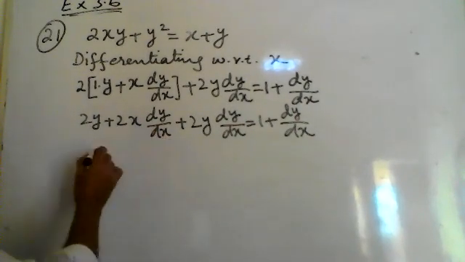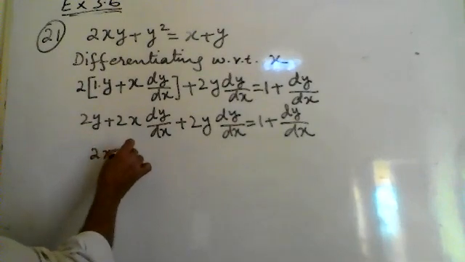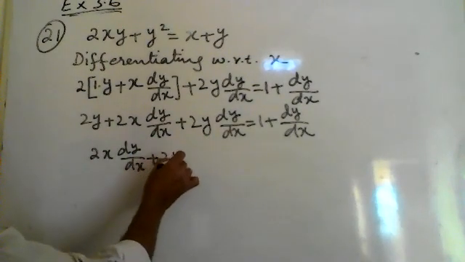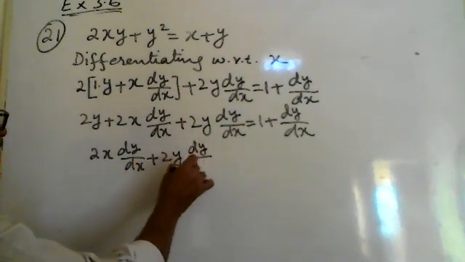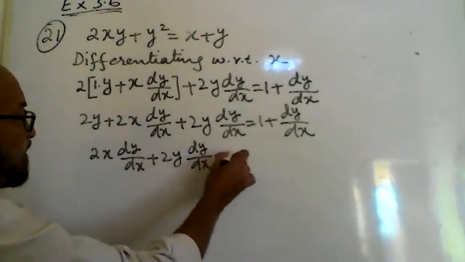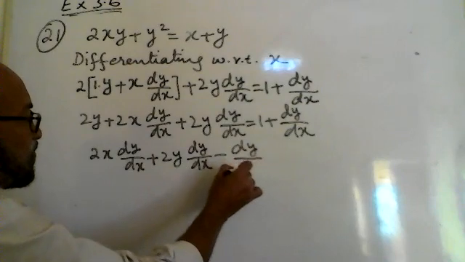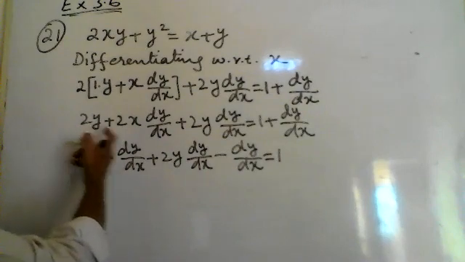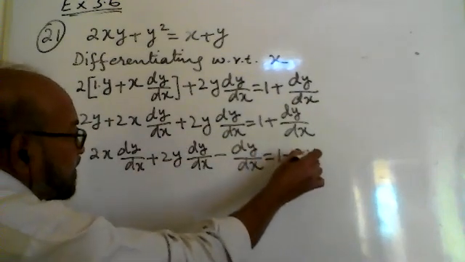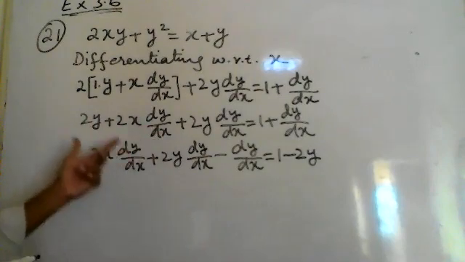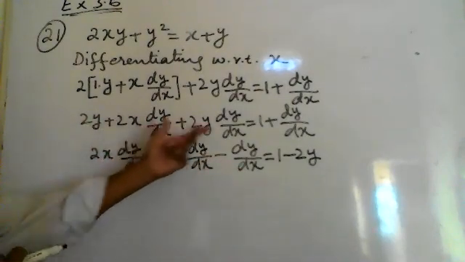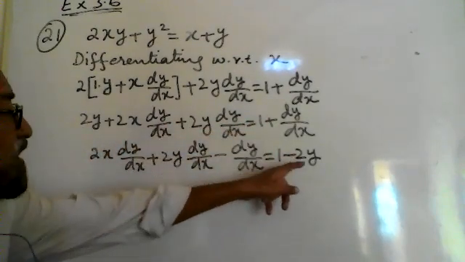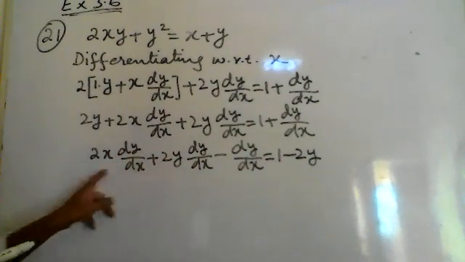This one, this one, this one. Here 1 will go on the other side, minus 2y. This one shifted on the other side. This is here, this is here, this is here. So all the 1, 2, 3, 4, 5.